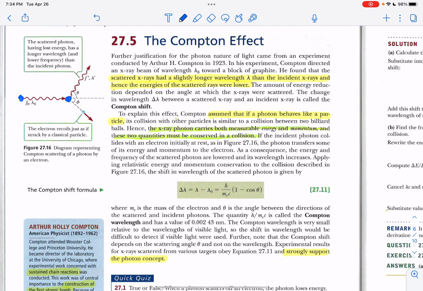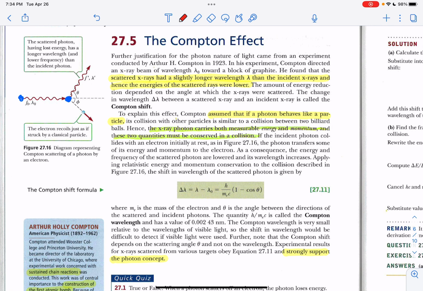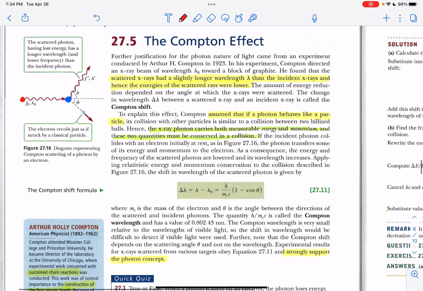The electron is going to be the blue dot, and I'll come back here and erase that, and I'm going to make the photon red. When a high-energy photon, an X-ray photon, strikes an electron, the high-energy photon is deflected, but it doesn't have quite as much energy as it did before.